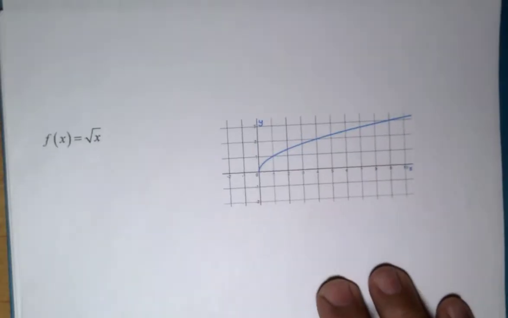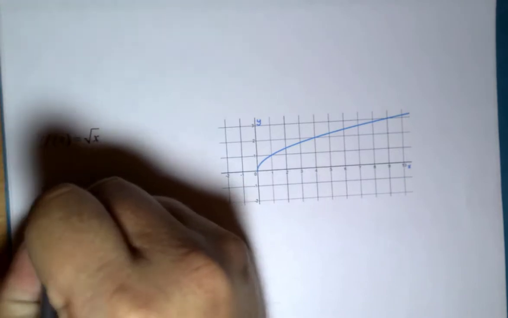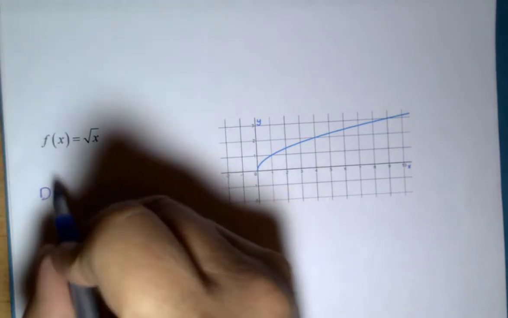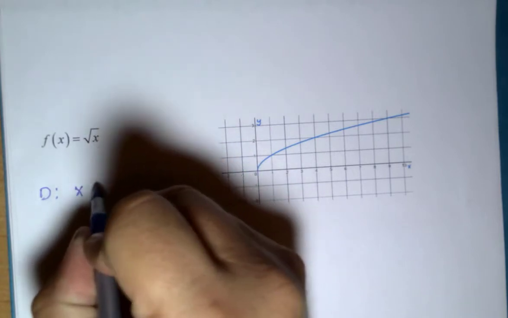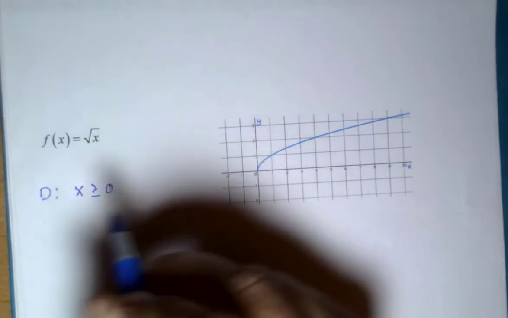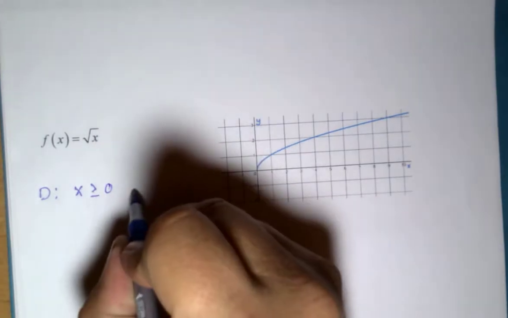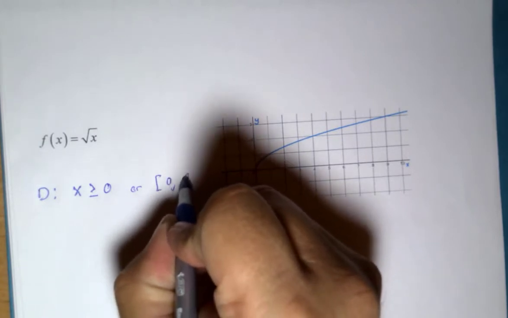The square root function. Its common domain is in the reals. X has to be 0 or greater than or equal to 0. You could certainly use interval notation, which would be writing it 0 to infinity.